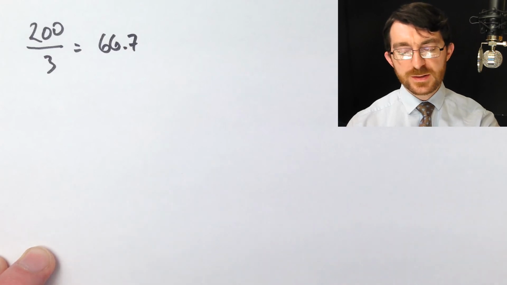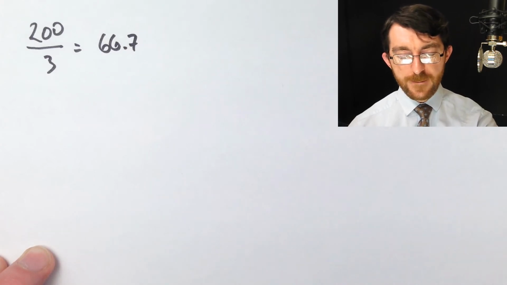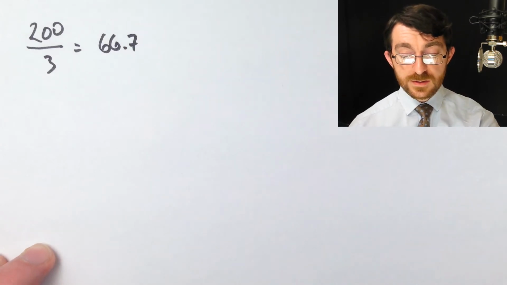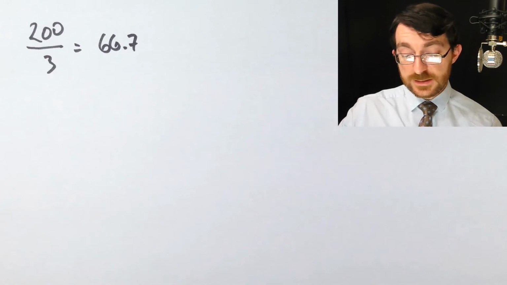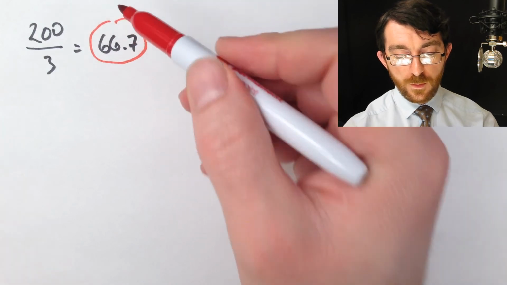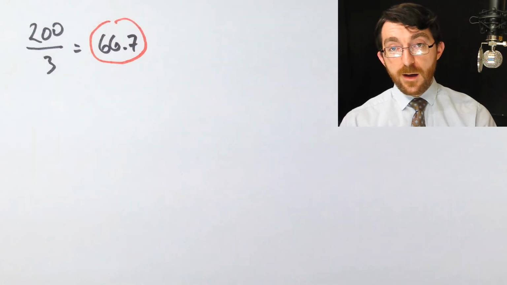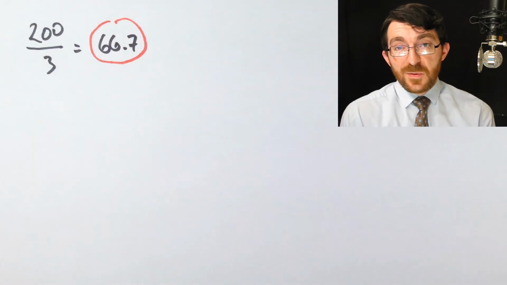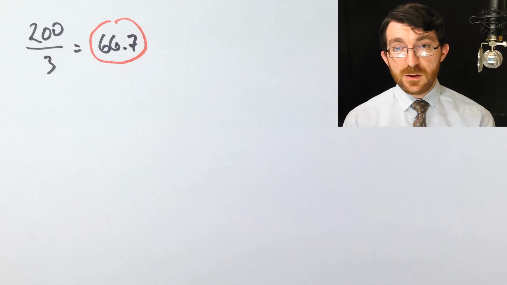It would be 66.6 repeating, but I'm just going to go ahead with that. And so we need to send 66.7 cars on the red road. 0.7 cars, I don't know what that is. That's like a Mini Cooper or something.